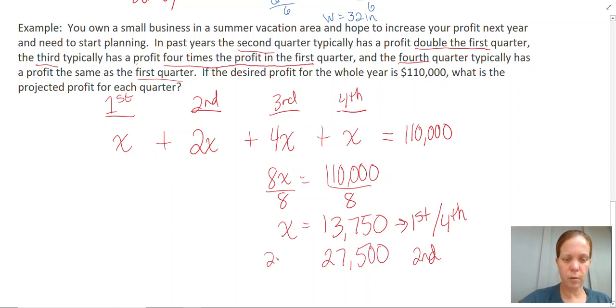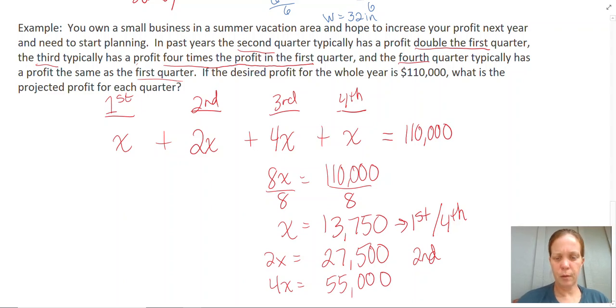So I'm going to put 2x next to that, and then the 4x is going to be 55,000. Okay, so that is my third quarter. And if we want to check this, we can add those up. Just make sure to count the 13,750 twice, because that's for the first and for the fourth.